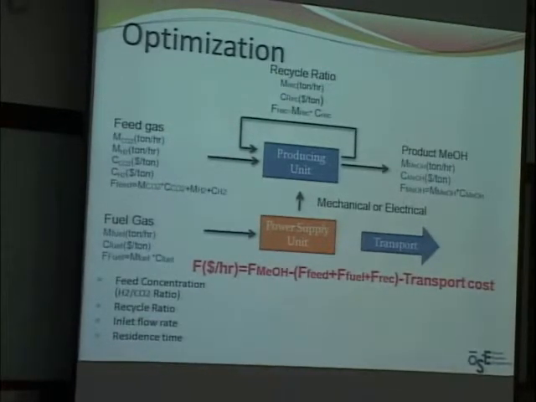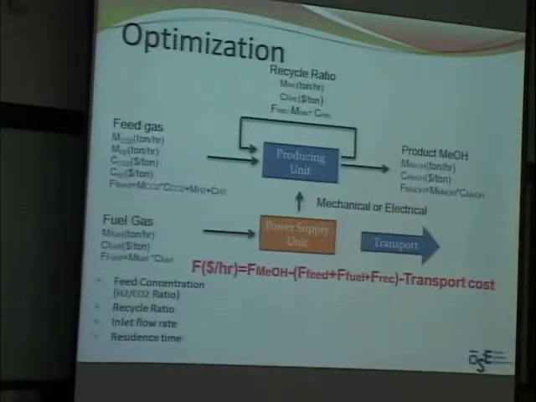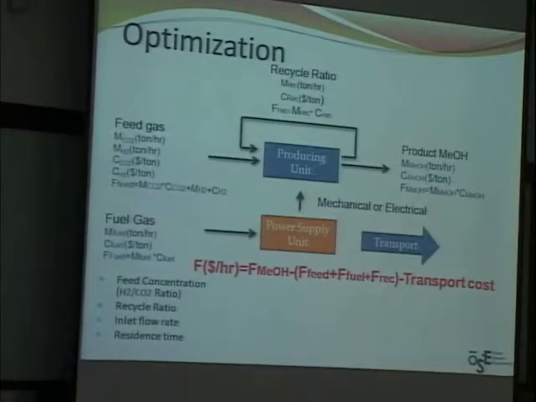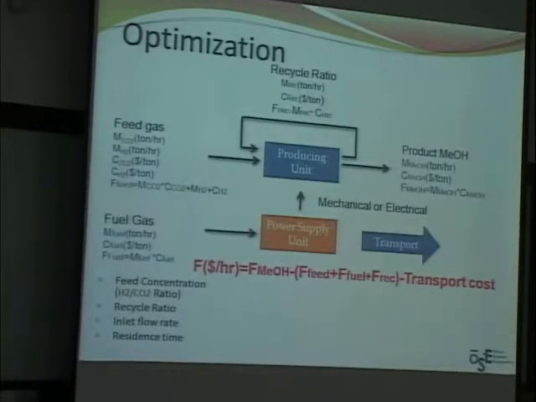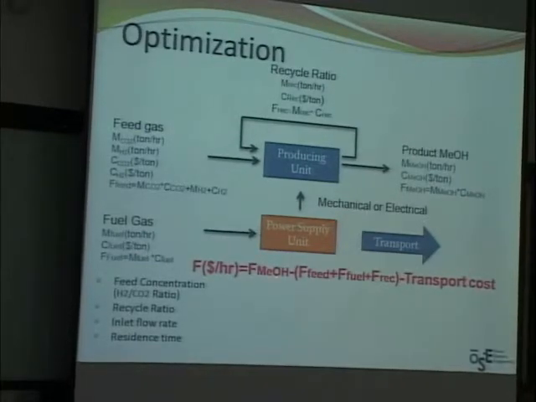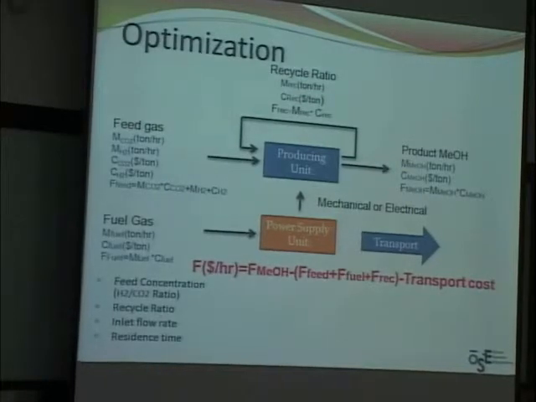The optimization program is to find the maximum benefit from the methanol. And then this equation consists of the three parts. The first part is the methanol, the cost of the methanol.